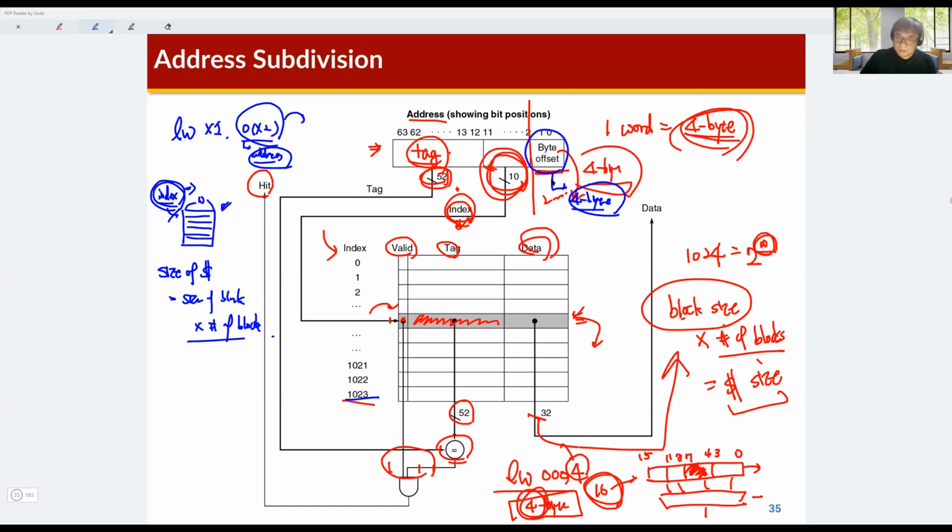This byte offset is assigned to a single block because the single block includes the 4 bytes of data.